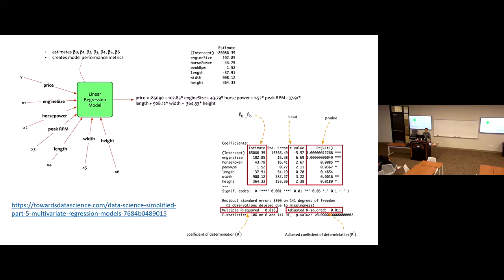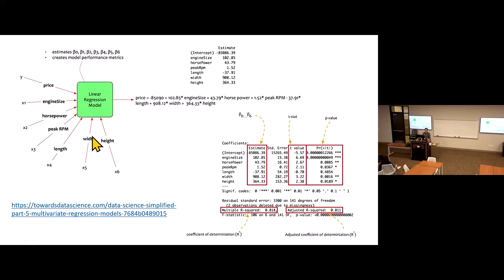Well, for the multiple linear regression model, you have more than one variable. Okay, so in this case, you have 6 different variables, and their combinations will be used to predict one outcome, which is y, the price.